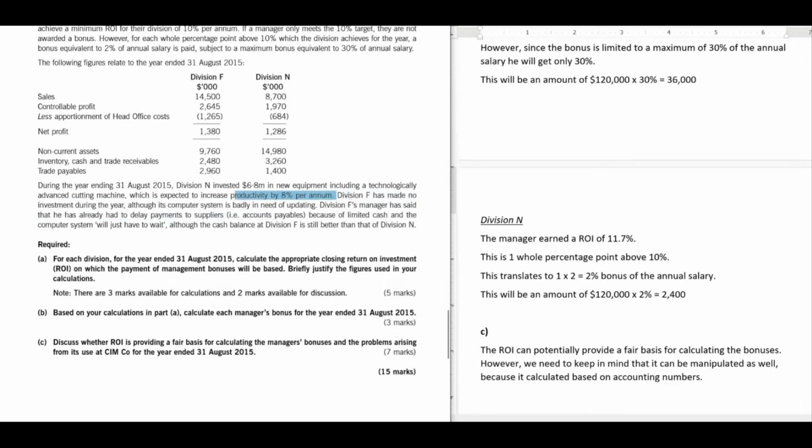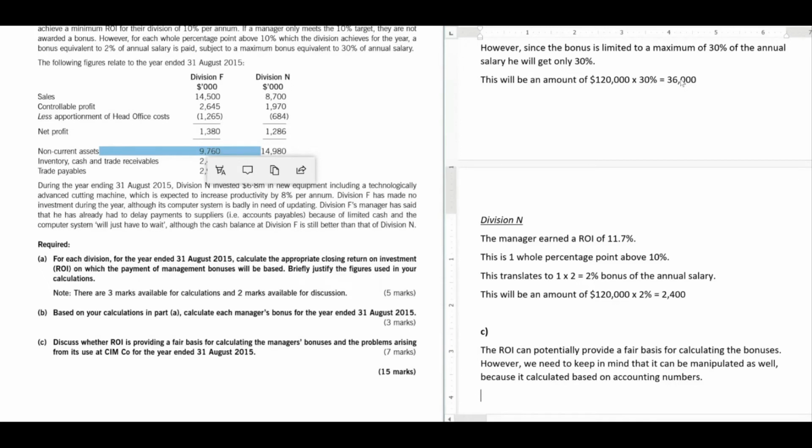Whereas Division F made no investment during the year, even though the computer was badly in need of updating. So the Division F manager did not do so, even though he needed to, and his ROI, that means, is artificially overstated because this is understated, the denominator is understated, therefore the overall ROI is overstated, and he got this big bonus, whereas the guy who did the right thing got a small bonus.